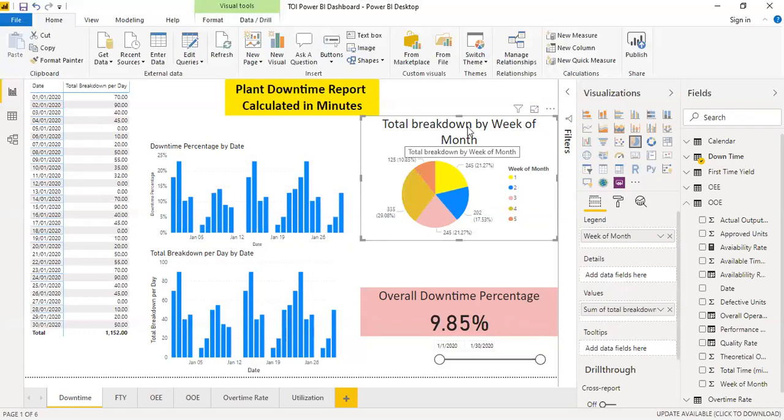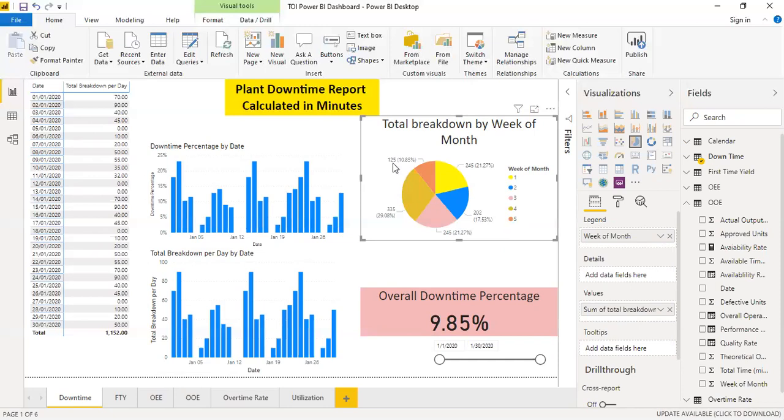Okay, so this is total breakdown by week. We have divided this by week, so they get to know in what week what the actual minutes of downtime were, and what percentage of the monthly breakdown they account for.